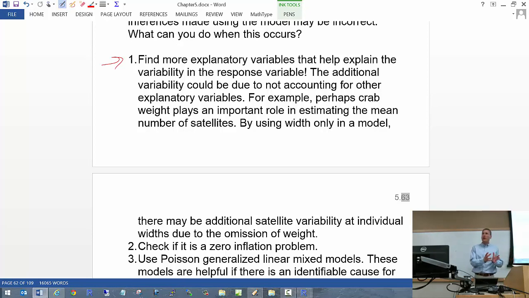Maybe that variable would also be good to have in the model along with width. And that will account for this extra variability that's being seen, because weight is now accounting for that. So that is the best choice. Of course, though, you need to have access to that additional information. And maybe you do, maybe you don't.